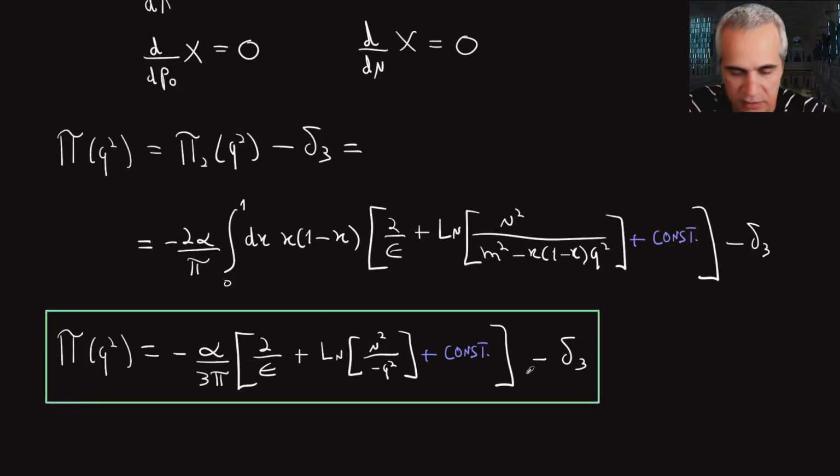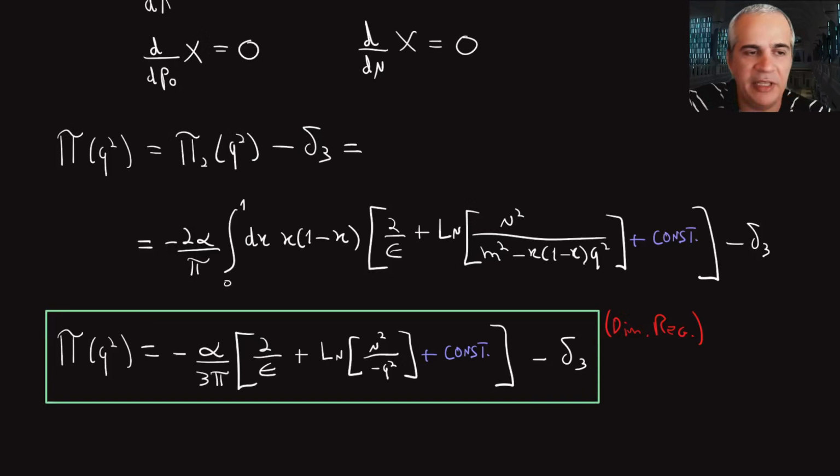This is in dimensional regularization. I still didn't choose a renormalization condition that will fix my delta 3.